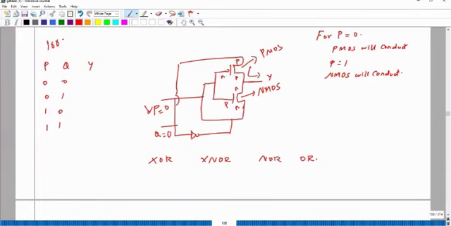Next, P is 1 and Q is 0. If Q is 0, then this is 1. If it is 1, NMOS will conduct, and this 1 will reach the output.